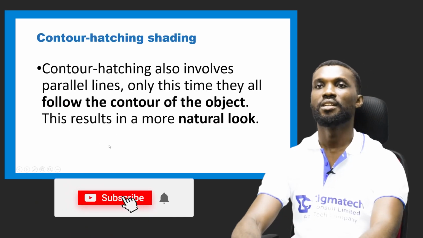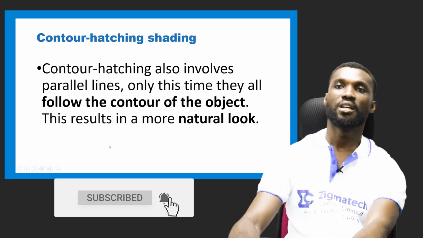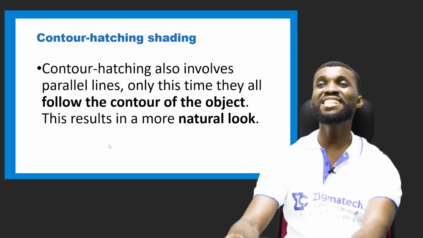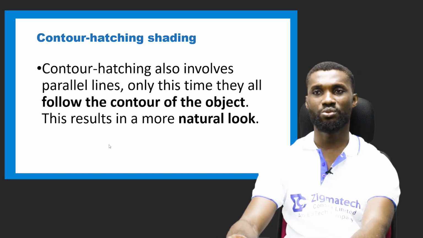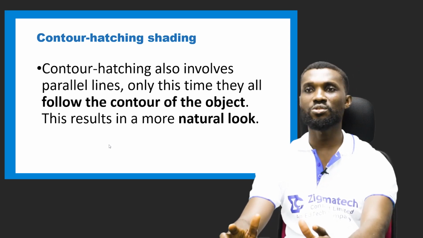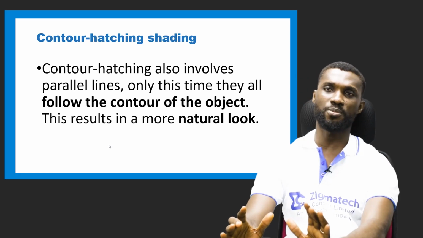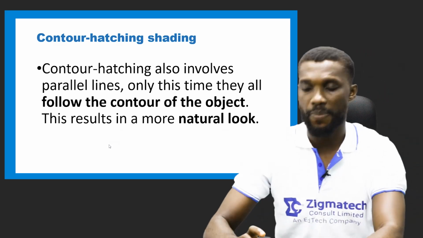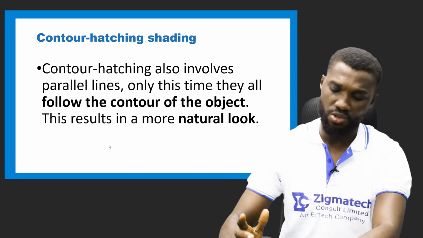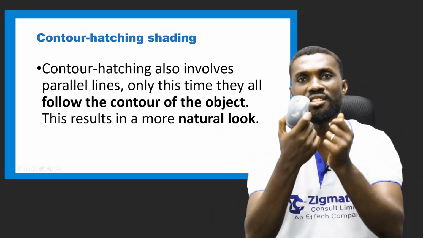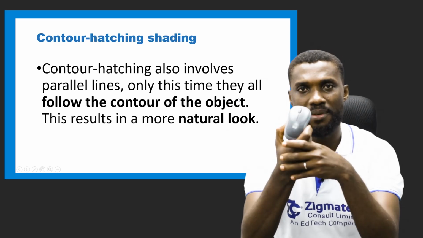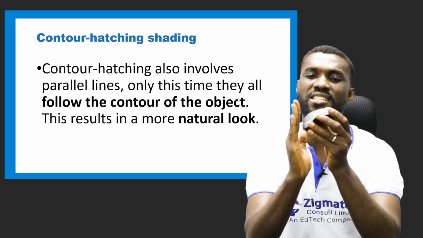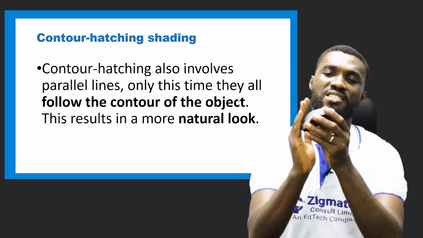All right, now let's look at contour hatching. Contour hatching also involves parallel lines, only this time they all follow the contour of the object. What am I trying to say? If you're drawing this mouse and you look at the mouse, you should understand that there is a swelling here and there is a contour, there's a movement.